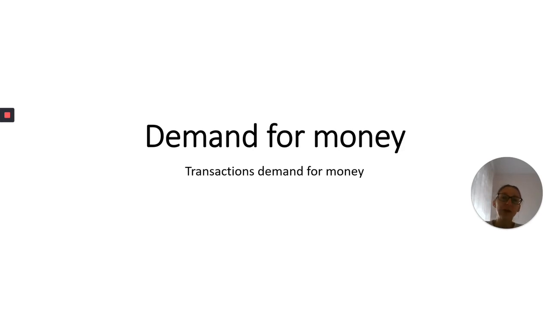So this first video is going to be about the initial Baumol's model for the demand for money. And in the second video, it's going to be more about the cases and different adjustments of the model.